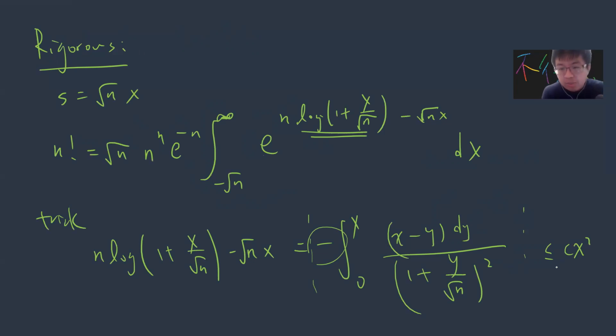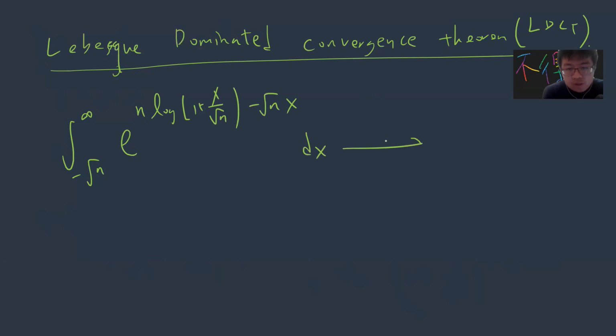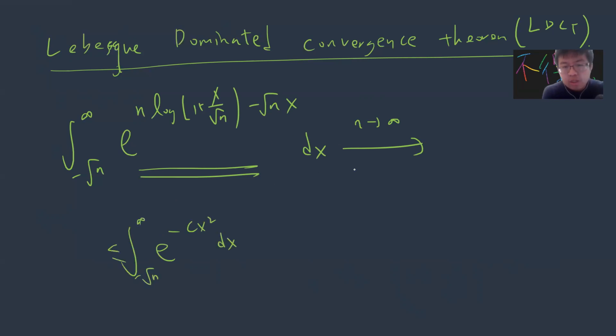Okay, so this is bounded. If I take n to be infinity, then this can converge to what you want. Basically it's this. So this is the actual rigorous proof, which comes from here. If you take n to be infinity, since this is bounded by this, I can use the LDCT and directly exchange the limit and the integral.